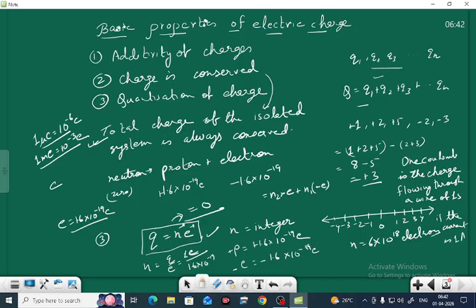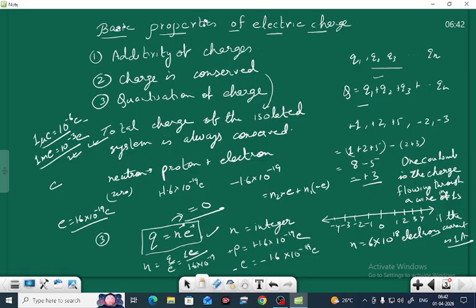This is the definition of 1 coulomb. And 1 microcoulomb is 10 to the power minus 6 coulomb, 1 millicoulomb is 10 to the power minus 3 coulomb. This you have to remember.